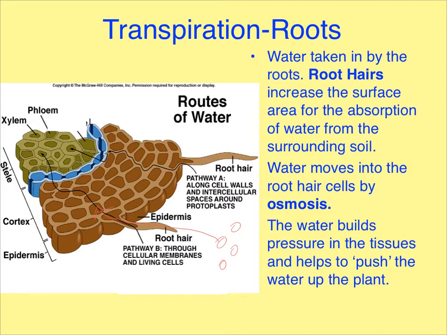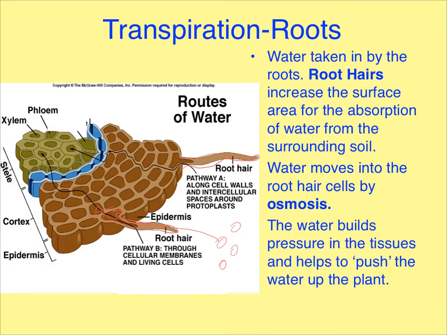The water moves by osmosis, and it moves into the root hair cells. These root hairs are ideal because they help to increase the surface area, to increase the volume of water that can be moving in here by osmosis.